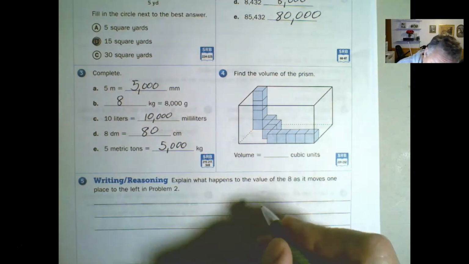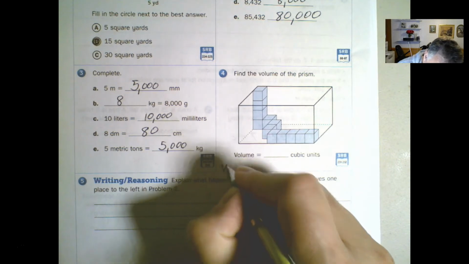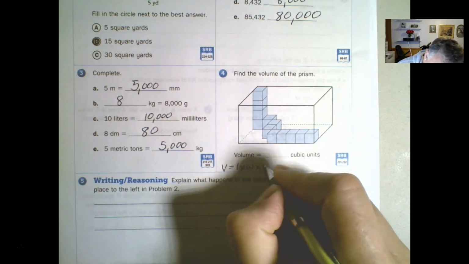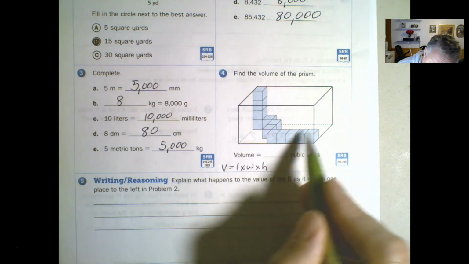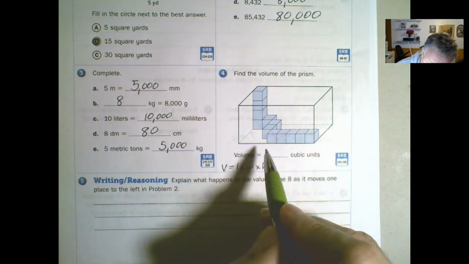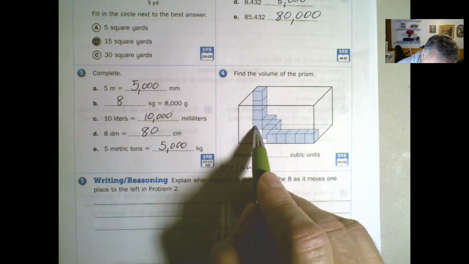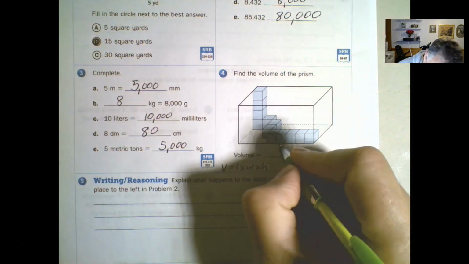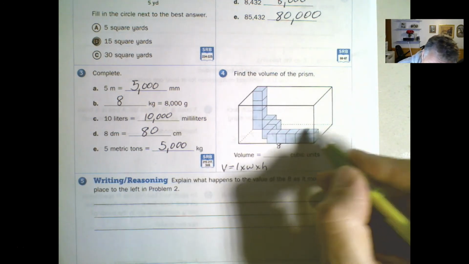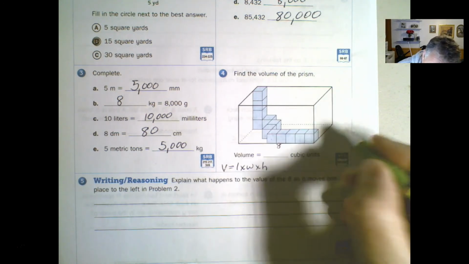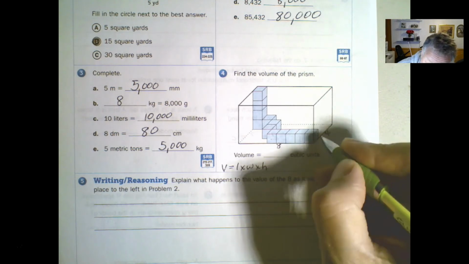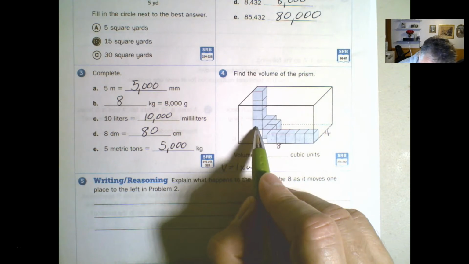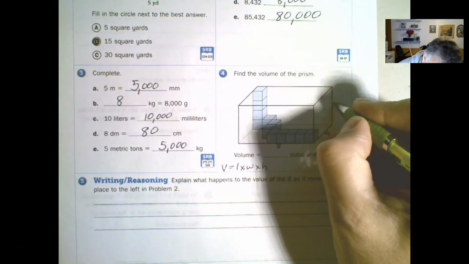Number 4, find the volume of the prism. And remember, the formula for volume, length times width times height, or if we know the base, it is base times height. In this case, 1, 2, 3, 4, 5, 6, 7, 8 across the bottom. Looks like 4 going our depth or width, and 4 for our height as well.